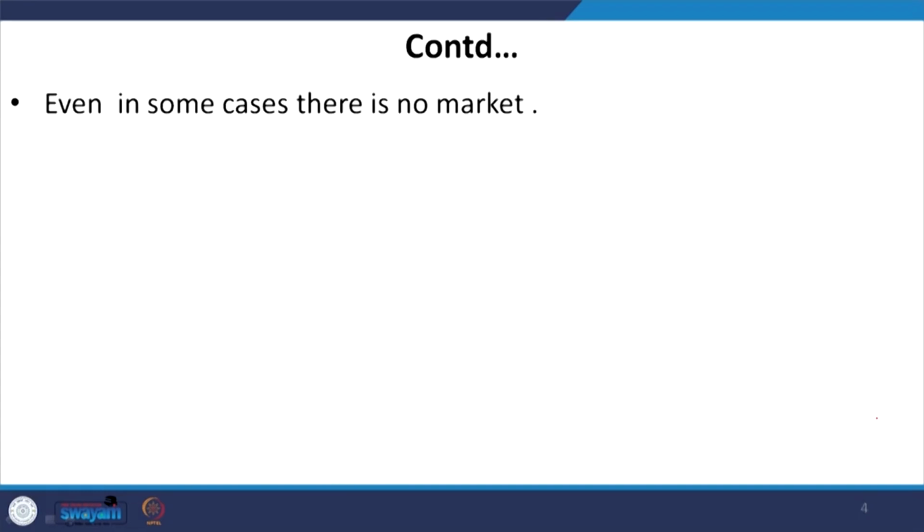And moreover, the other reason that we can also explain is that in certain cases we do not have any markets. In that case it is really difficult to apply the revealed preference method in order to capture the non-use values of the environment.